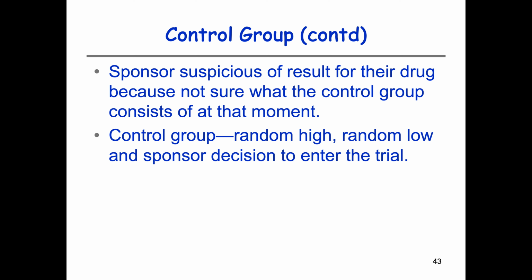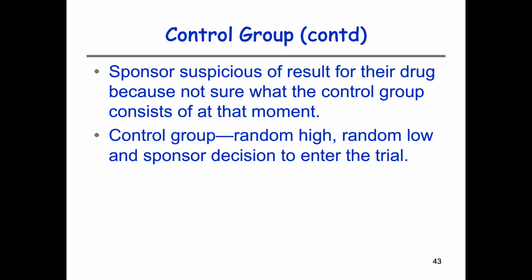However, with these control groups, the sponsor is suspicious of the result for their drug because they're not sure what the control group consists of at that moment. However, supposing they do know what the control group is looking like at this time because they had another drug in the I-SPY 2 last month or 3 months ago.